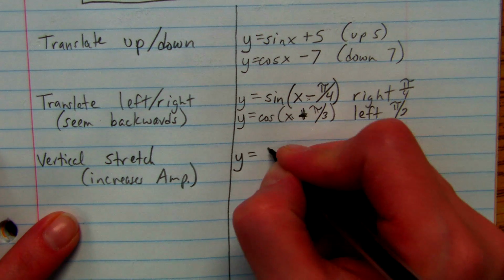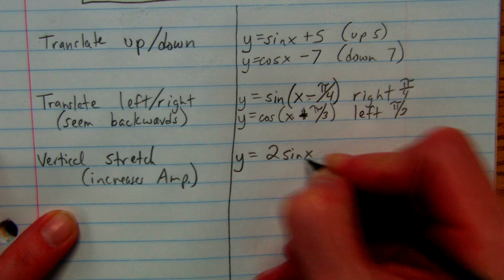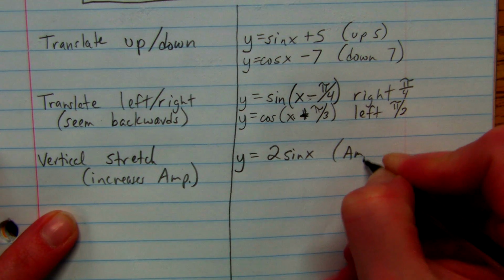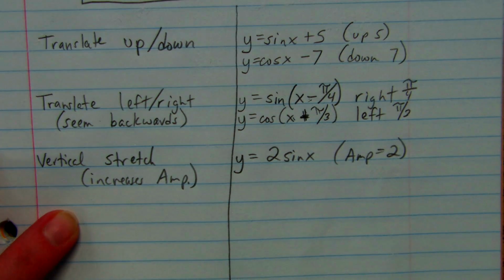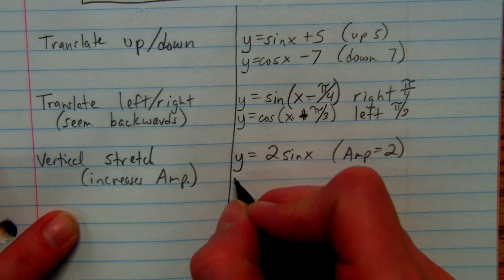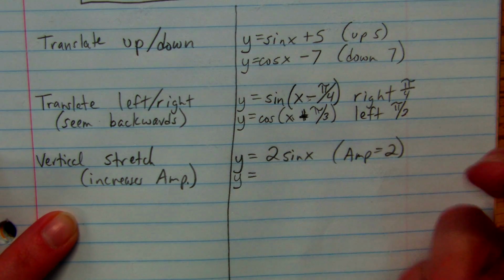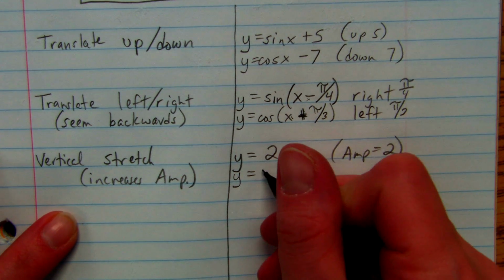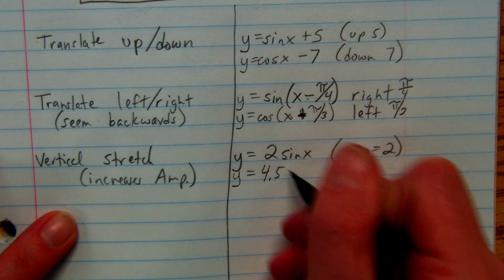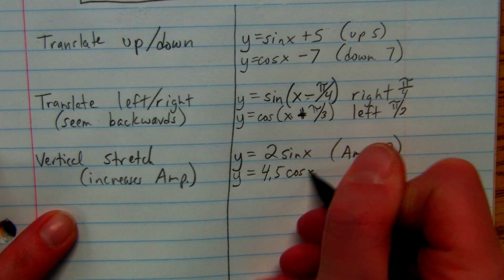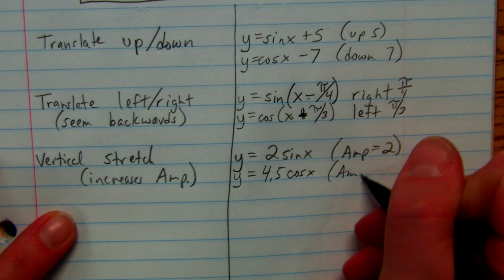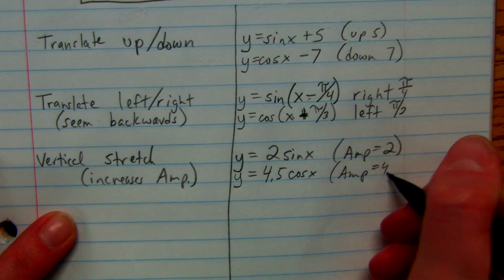So if I do something like 2 sine of x, that'll make your amplitude 2, where on the parent function it was only 1. And it could be any number that's bigger than 1. I could use 4.5 if I wanted to. We don't usually, but you could. That would do the amplitude of 4.5.